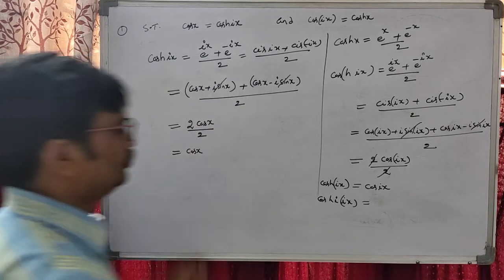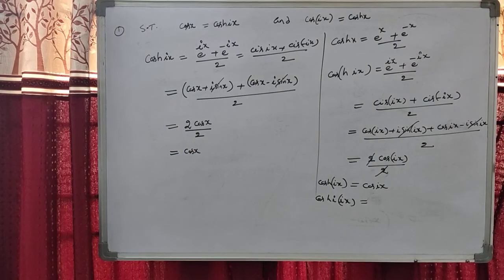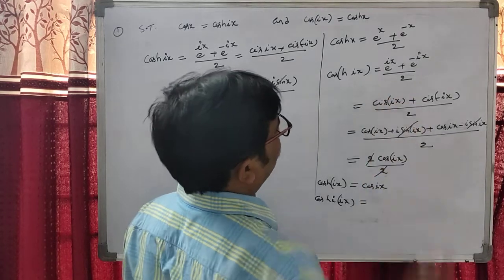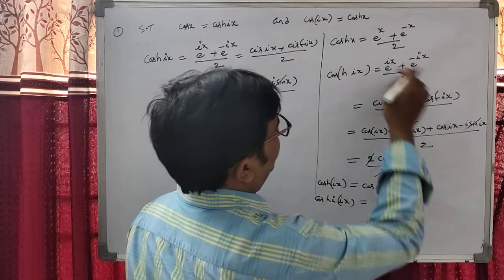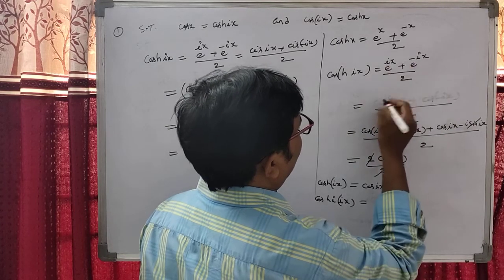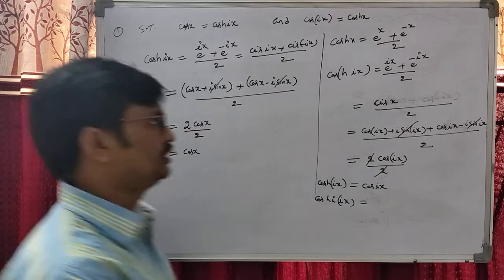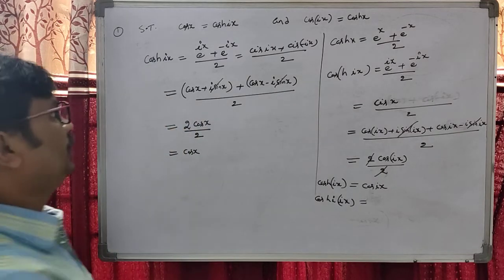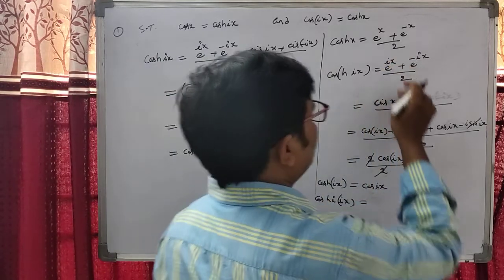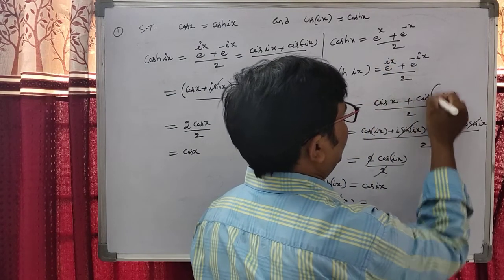My dear students, there is a mistake. E power ix means cis theta, cis x. That is a mistake. E power i theta means cis theta, so cis of x, and this is cis of minus x.